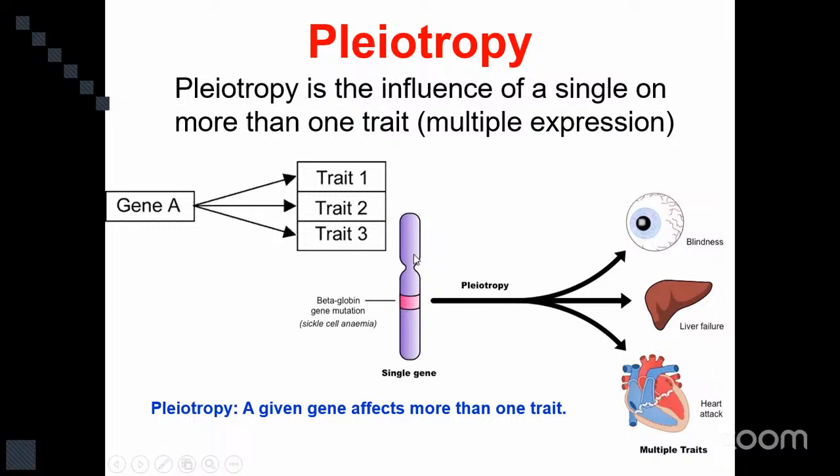The classical instance here is the sickle cell gene. You have the sickle cell gene that is affected, then a pleiotropic phenotype leading to blindness, liver failure, heart attack, and so on. So these are the multiple traits. Any single gene that can generate a sequence of traits is simply known as pleiotropy.